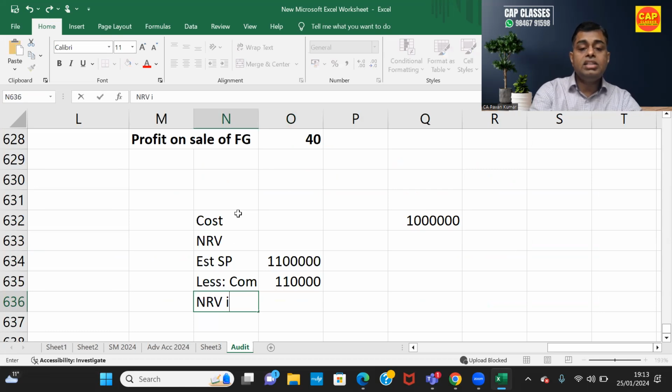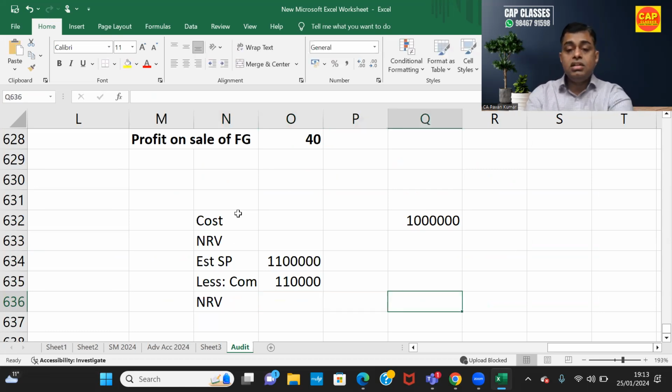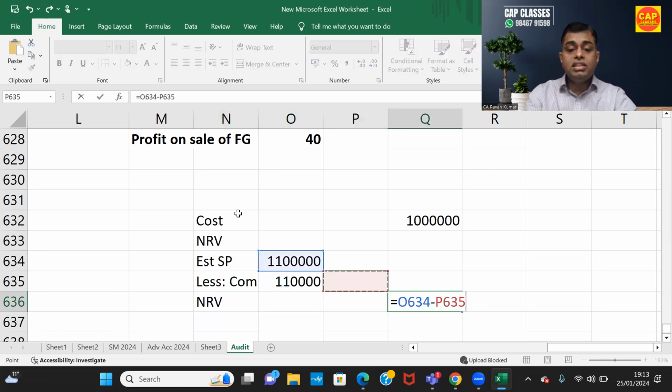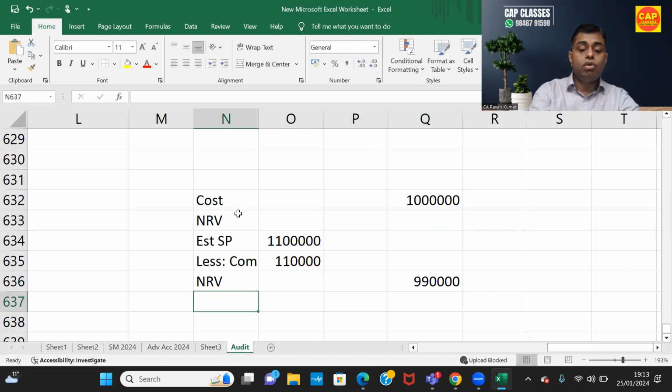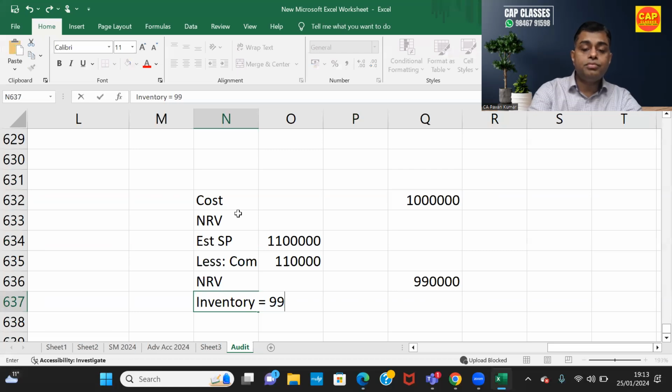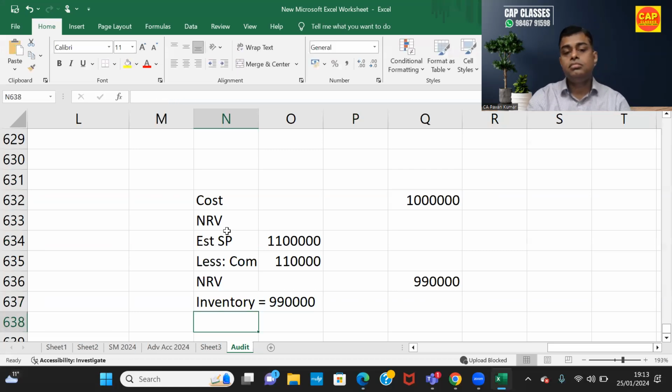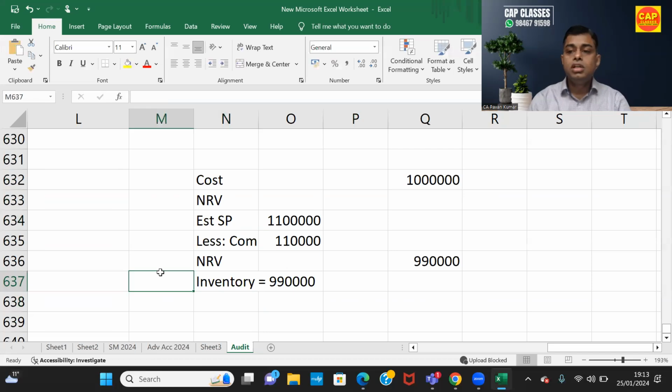Therefore, net realizable value is this minus this. Therefore, inventory is equal to the lower of the above two. That's all. LKG question. So guys, do you understand this question? Can you please respond in the chat box? Question number 1 and 2, do you understand? Simple questions.